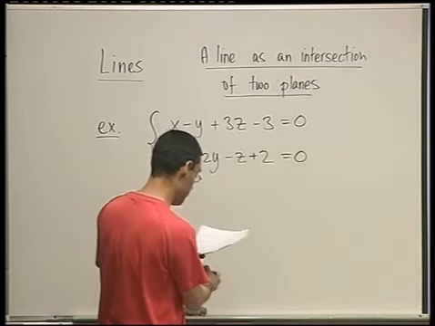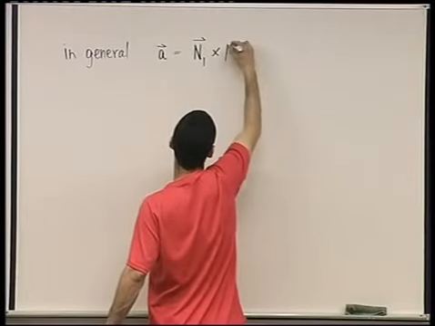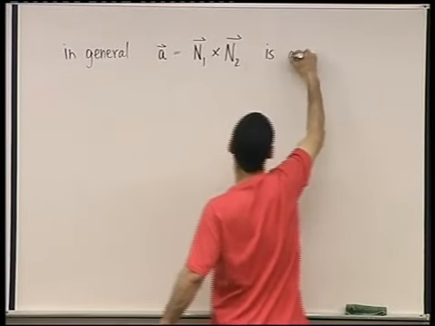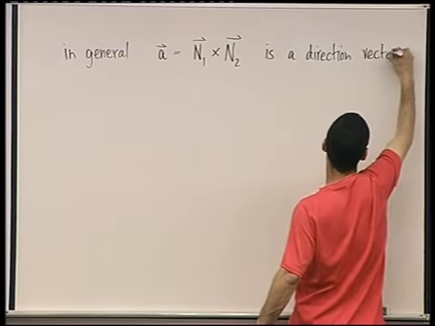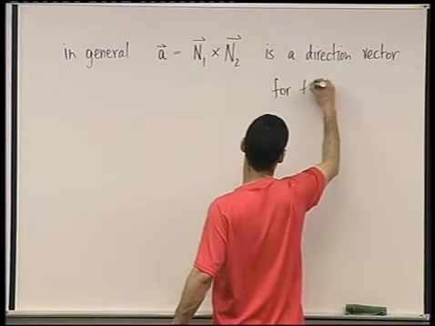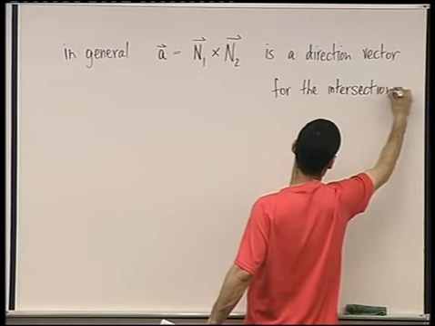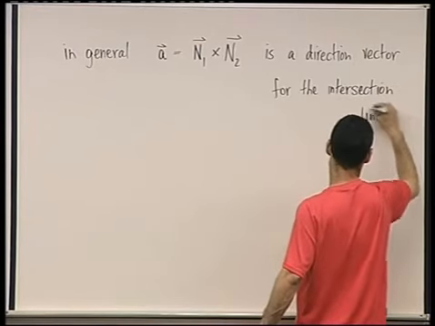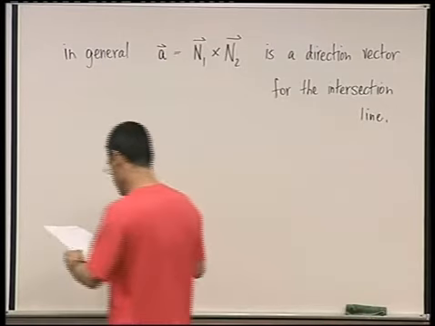Okay, so in general, A, the direction vector, is going to be N1 cross N2, is a direction vector for the intersection line. Do you agree? Okay, and let's do it. Bless you. Let's do it for the example.